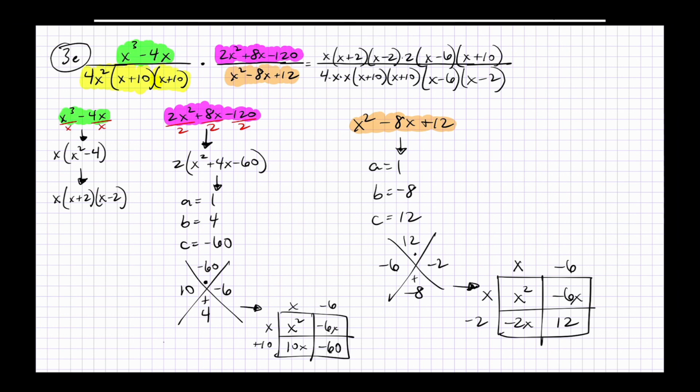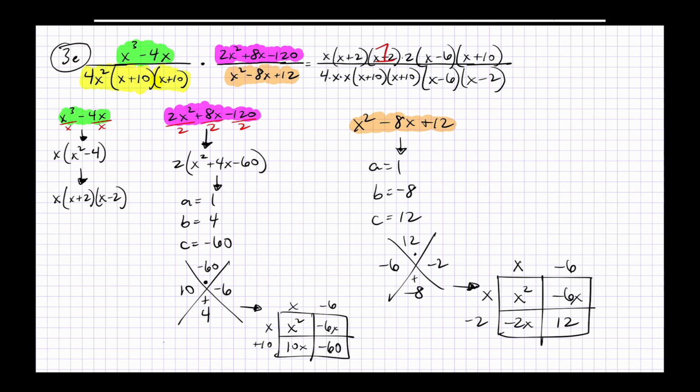The yellow we talked about before, that one's already done. The green, or sorry, not the green, the orange is just a trinomial, no GCF. Okay. So that's all the heavy lifting. Now we get to cancel things out.